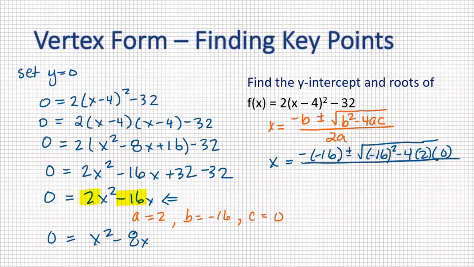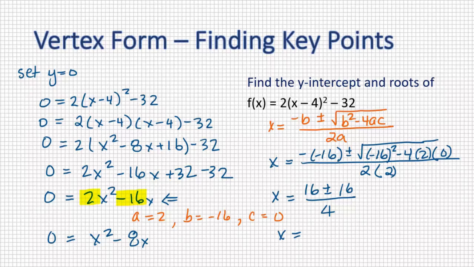All of that is divided by 2 times 2. So x is equal to 16 plus or minus the square root of negative 16 squared minus 0. In other words, the square root of 16 squared, which is just 16, all divided by 4.